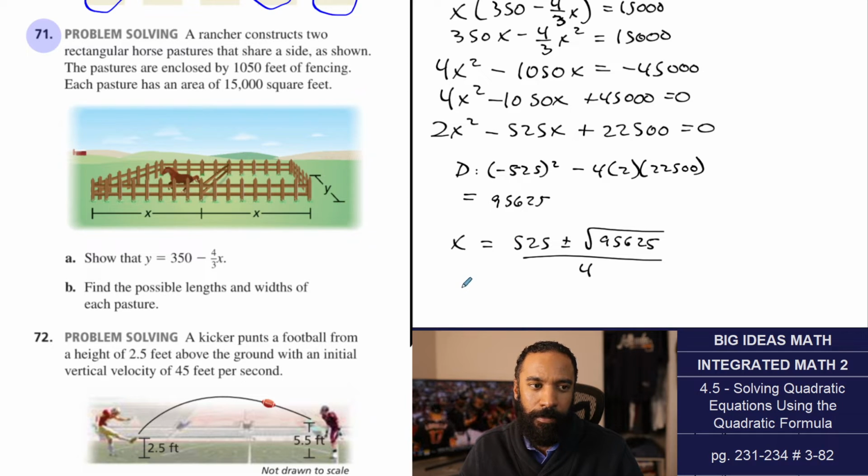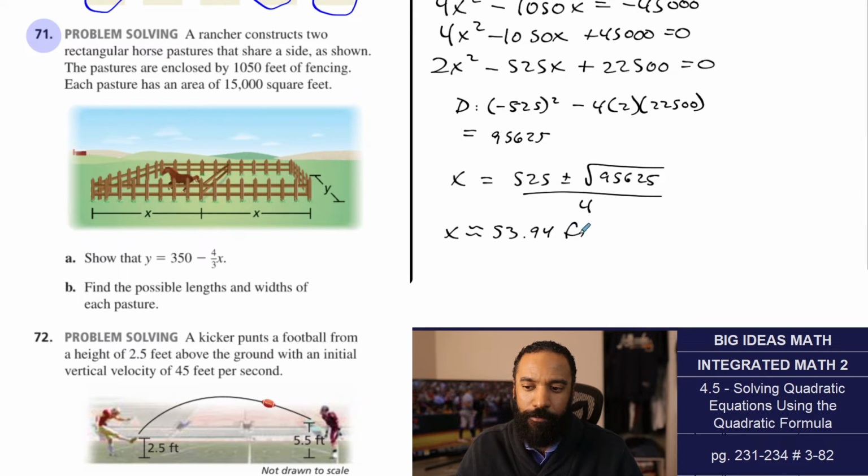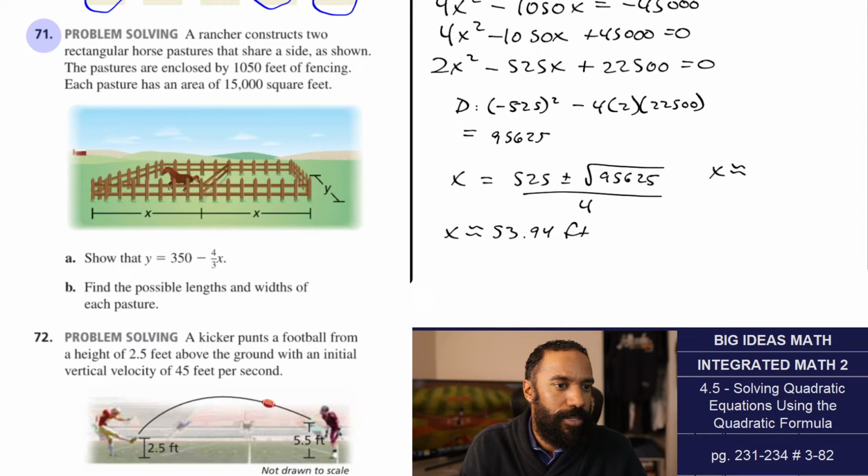I think it's only going to be fair. I don't know. Maybe not. 53.94. Okay, I'll just put that. Feet. And the other one is about 208.56 feet.